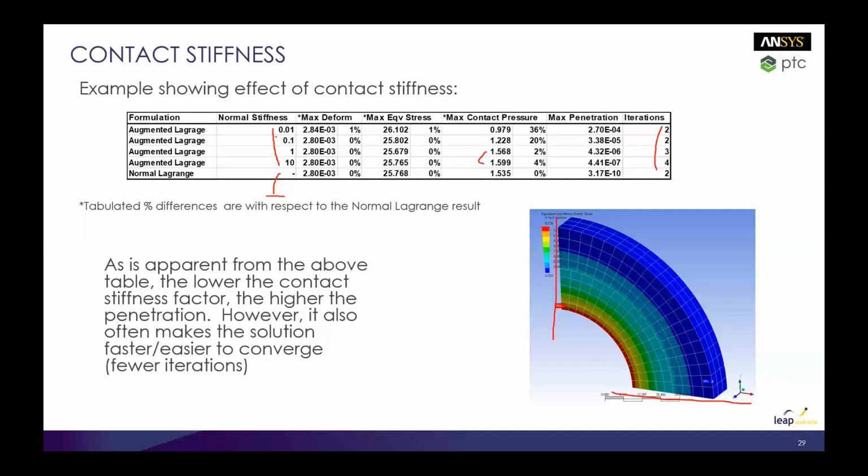Depending on the size of this ring, we could then decide on what's an acceptable amount of penetration. But in interference fit problems, probably the important thing to look at is the contact pressure. When that stops changing with increasing contact stiffness, that's when you've got both a mathematically correct and realistic solution value.